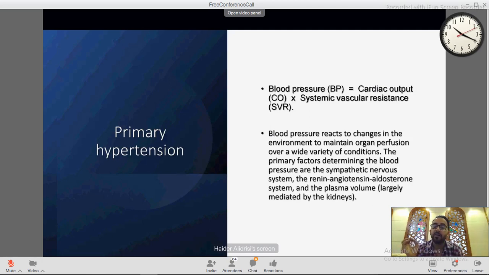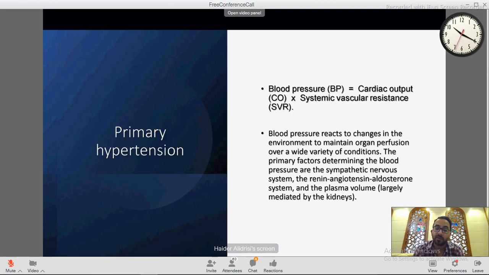And keep in mind that the underlying cause, or the pathophysiology, of primary hypertension is still not completely proven, because the blood pressure reacts to changes in the environment, and this is very important to maintain organ perfusion over a wide variety of conditions. But there are many primary factors that determine the blood pressure.